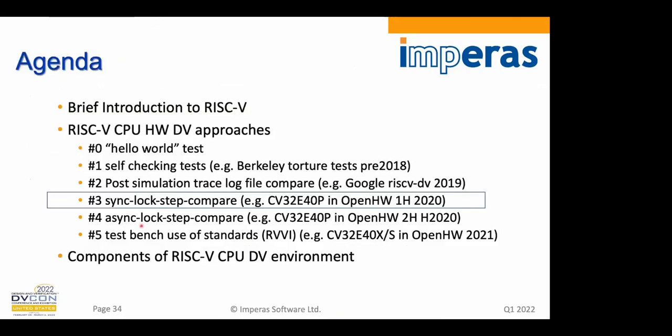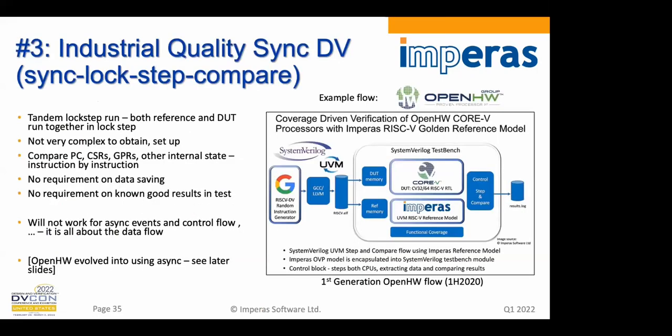Okay, so now let's get into the more sophisticated ones. This is the first synchronous lockstep approach that's being used. We can see here I've listed the different companies and times that these have been used. And so this is actually first half of 2020. This was up and running in the open hardware group. So this is really what we call synchronous DV, synchronous lockstep.